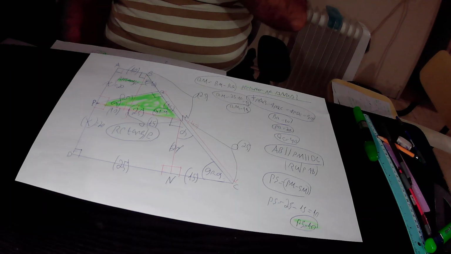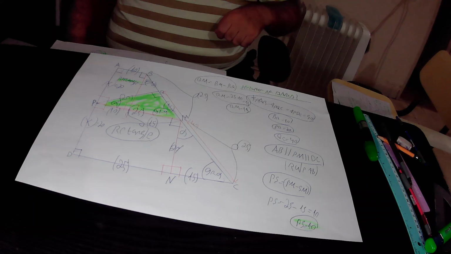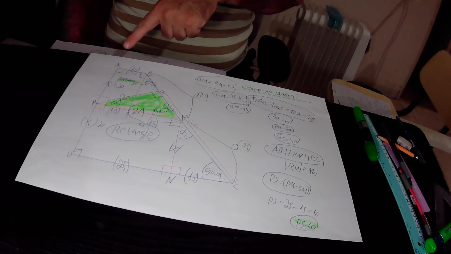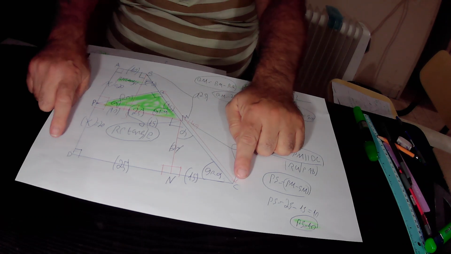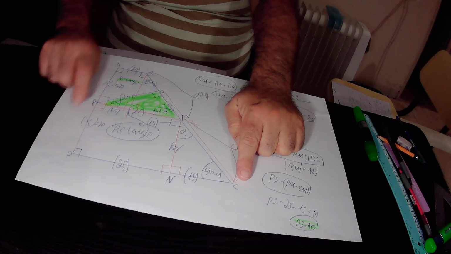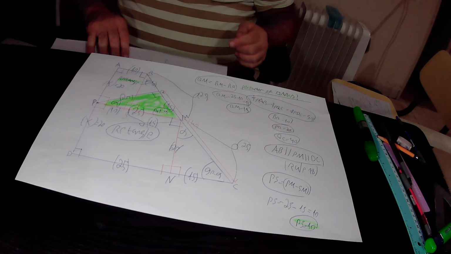So in total we found that the perimeter of this quadrangle ABCD equals AB, that is 10, plus AD, that is 40, 10 plus 40 is 50, plus DC, that is 40, and 50 plus 40 is 90, plus BC, that is 50, 90 plus 50 is 140.